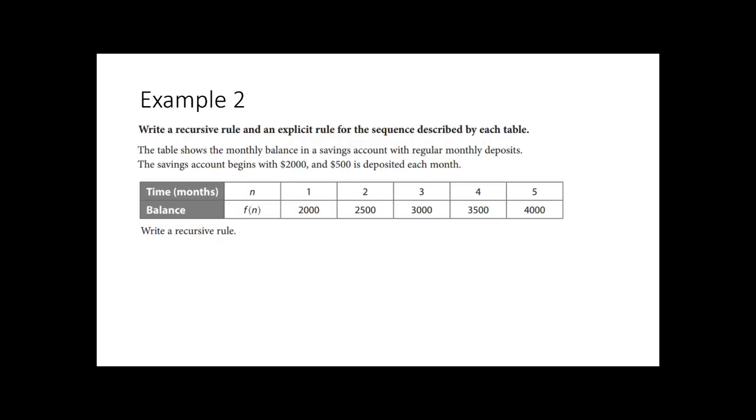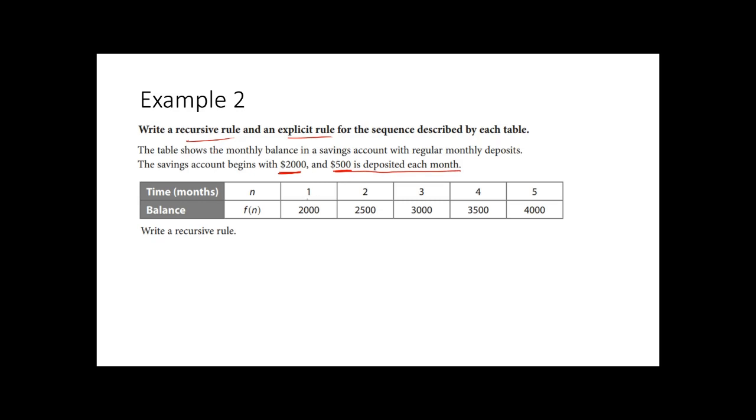All right, example 2. We're writing the recursive rule and the explicit rule for the sequence described by the table below. A savings account starts with $2,000, and $500 is deposited each month.